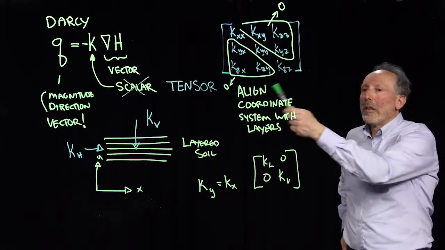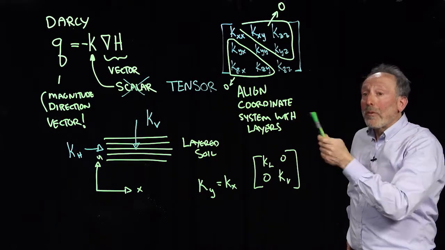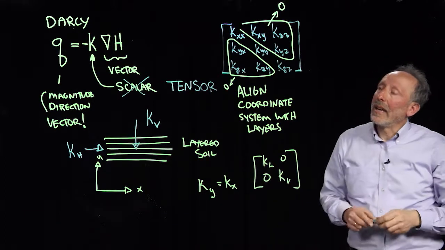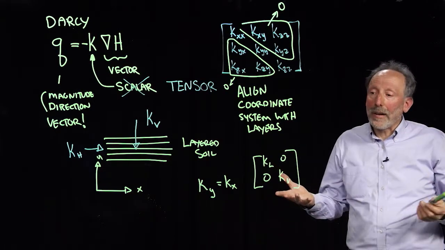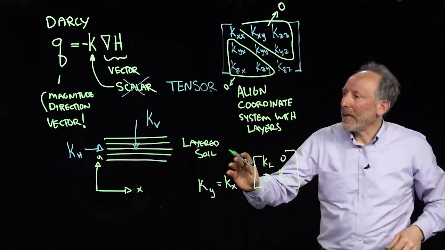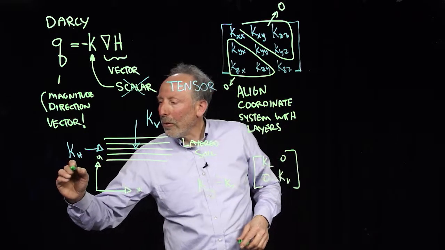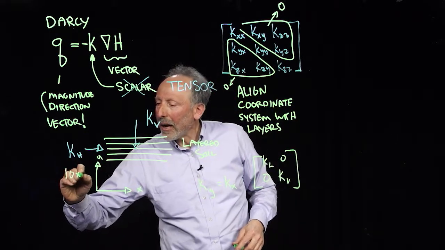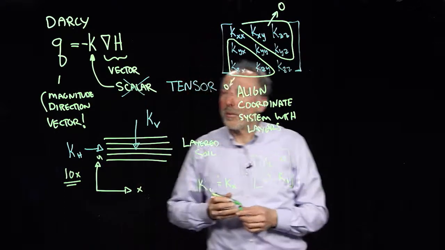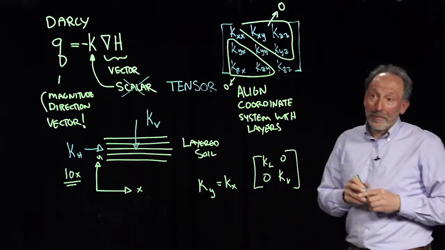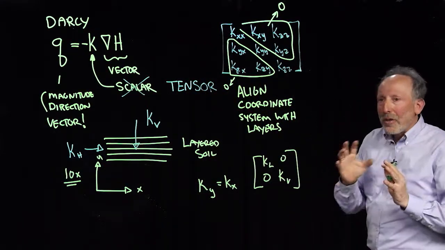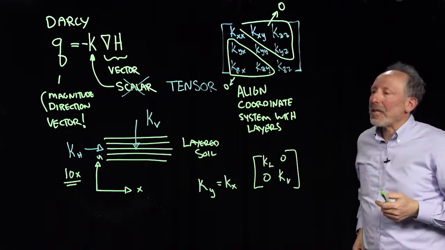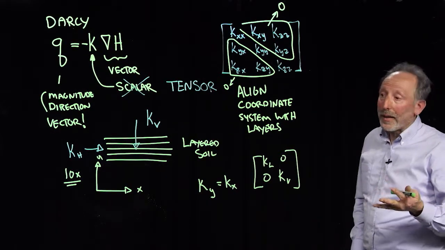And so when we look at Darcy's law, we often report the K as a scalar of particular value, but typically the horizontal permeability will be about 10 times the vertical permeability in a layered soil. So there's a little bit of the nuances of Darcy's law in layered systems.